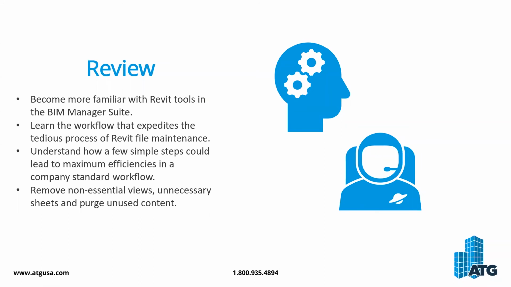And we learned a workflow that will expedite the tedious process of going through and cleaning out our Revit file and using the maintenance items that we have in terms of tools and creating maintenance for them. Understand how a few simple steps could lead to maximum efficiencies in the workflow, and remove non-essential views and unnecessary sheets, and purge unused content from one interface.